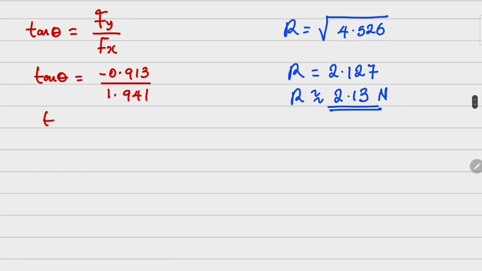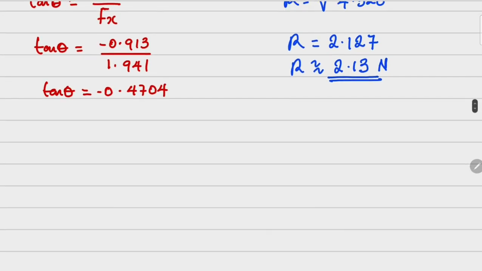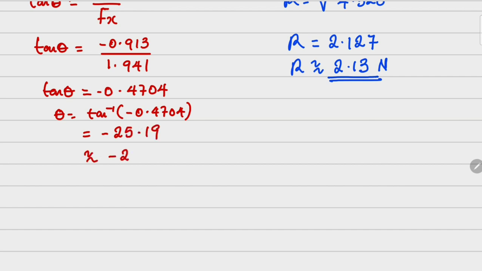Tan theta is minus 0.4704, so theta is tan inverse of minus 0.4704, which is minus 25.19. So approximately, let's say minus 25.